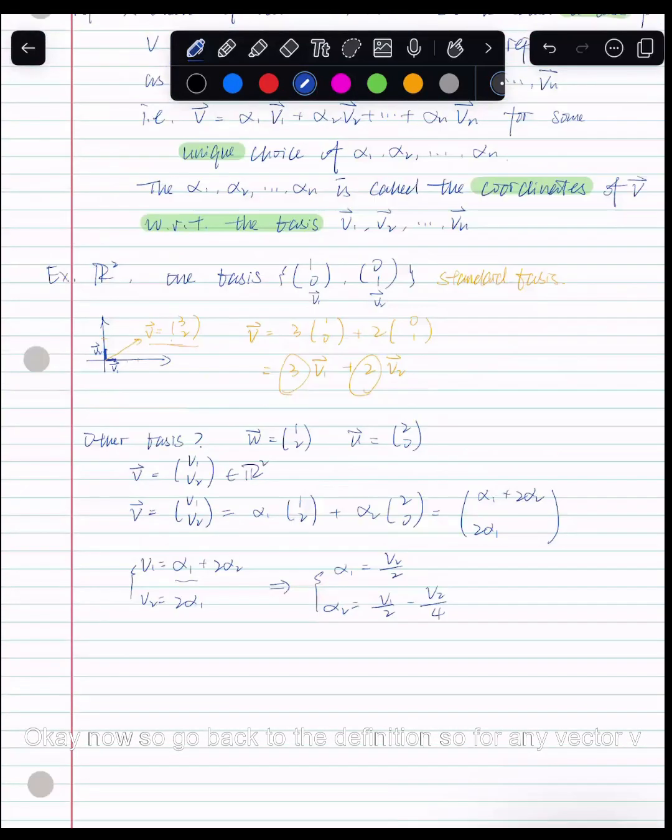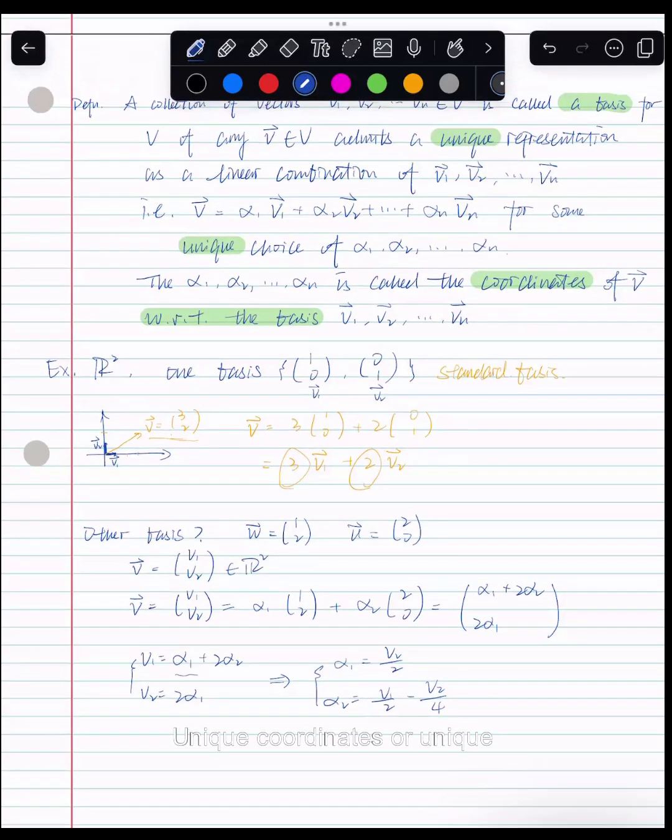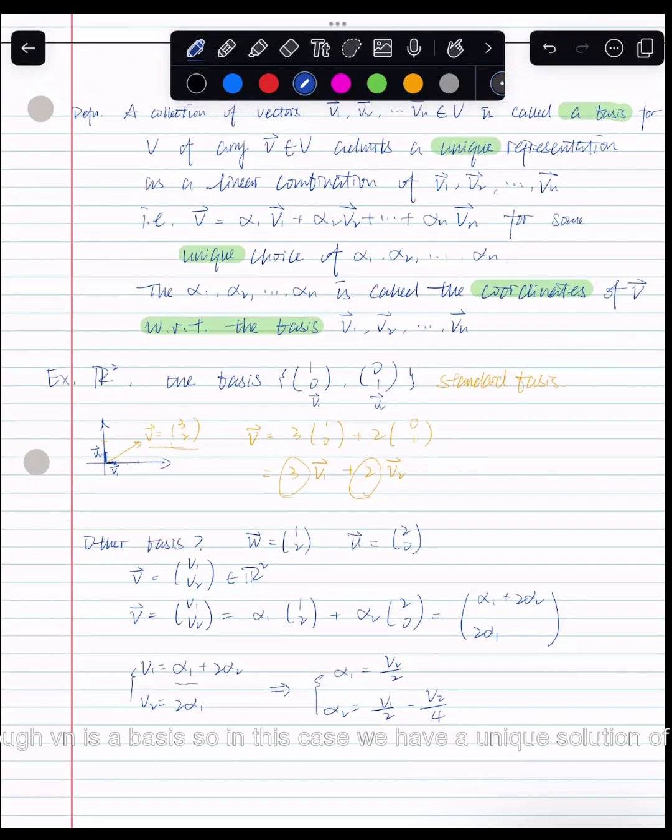Okay, now go back to the definition. For any vector V, if we can find unique coordinates, or a unique choice of alpha 1 through alpha n, then we say this V1 through Vn is a basis.